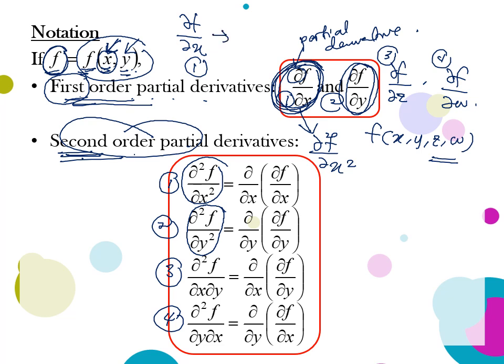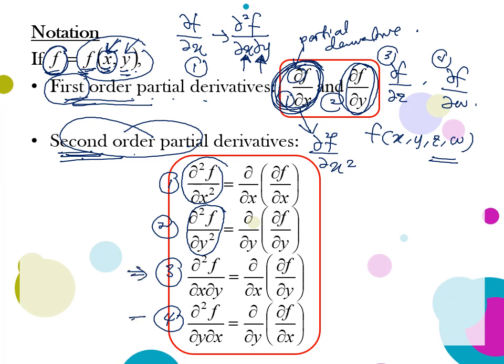You continue to differentiate once again, but with a different variable, so you will get del squared f over del x del y. So this is for the first time, and for the second time you perform it with respect to a different variable. So you will get the third one.